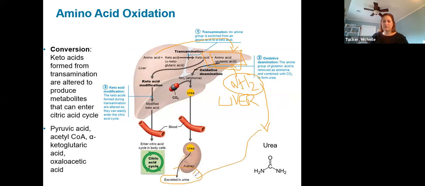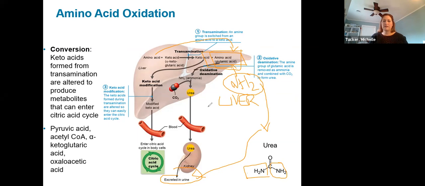So we're going to lose these amino groups. It's okay, we can always get more. And then that regenerates the alpha-ketoglutaric acid, leaving us with amino acid fragments that have lost their amino group.